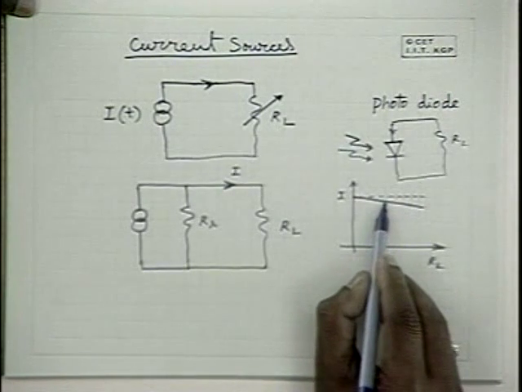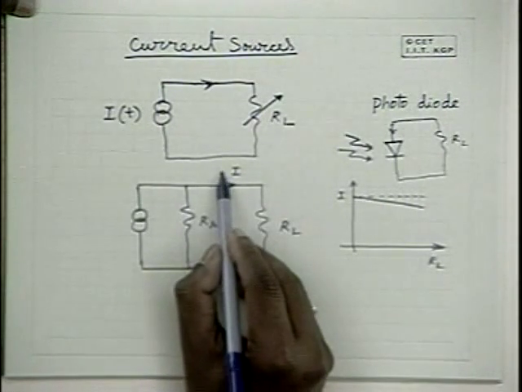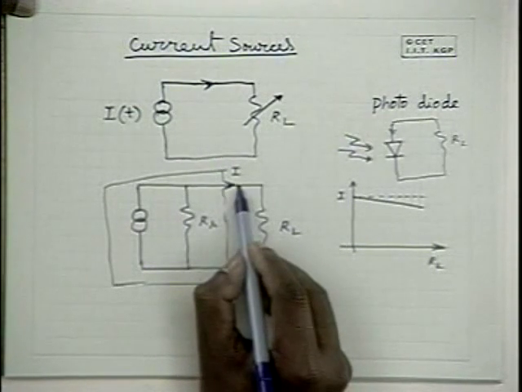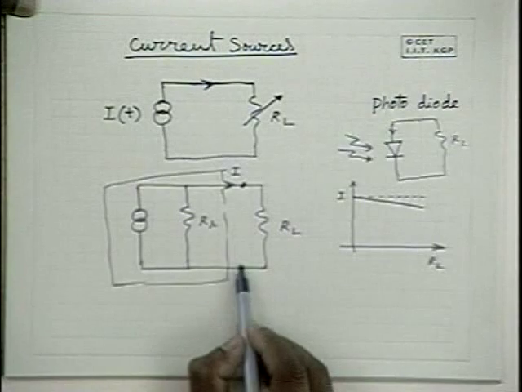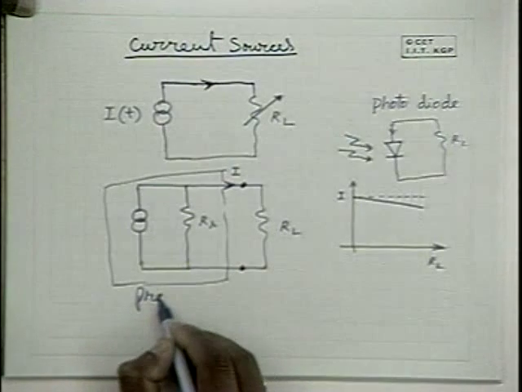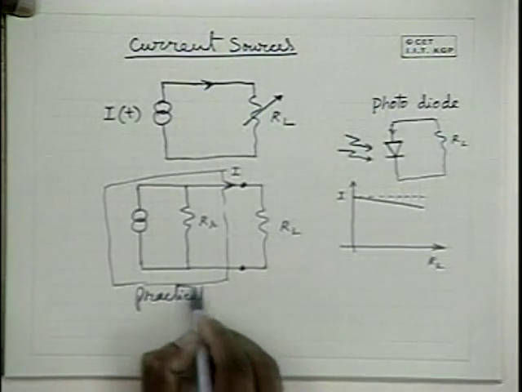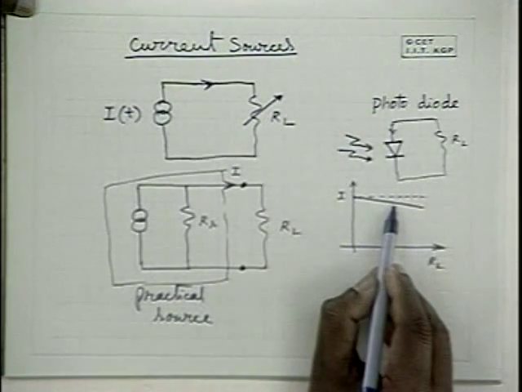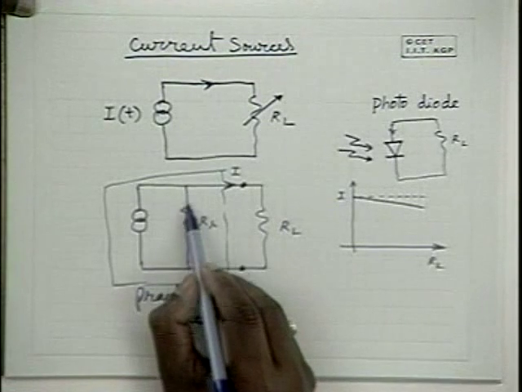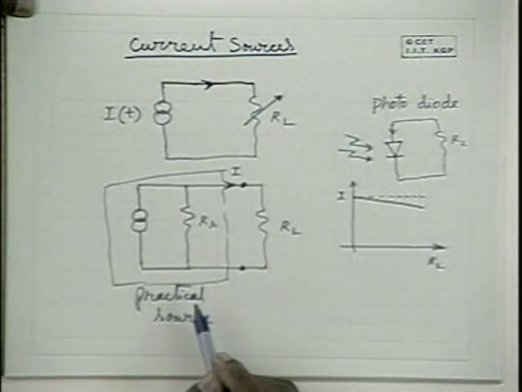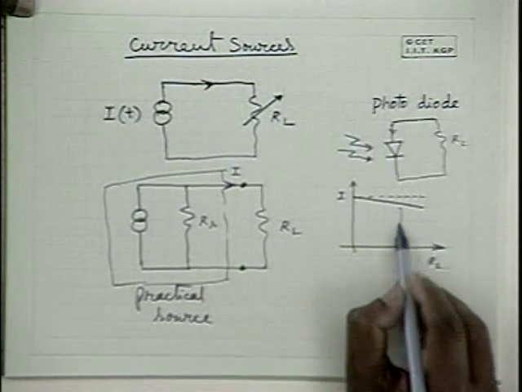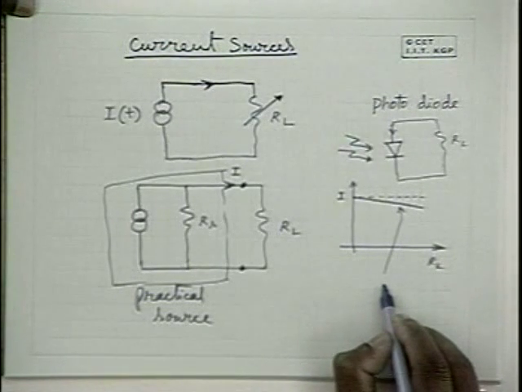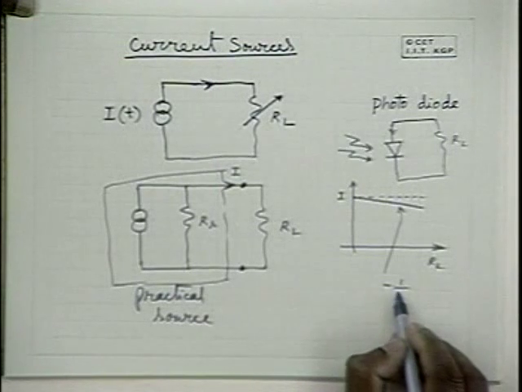So when the terminal current going out of the terminals of this practical source behaves in this fashion, it is obvious that there is a parallel resistance Rs inside. What is the slope of this characteristic? The slope is minus 1 by RL.